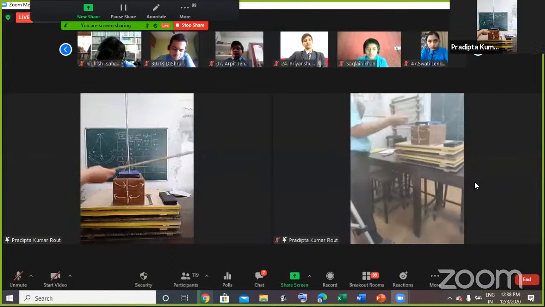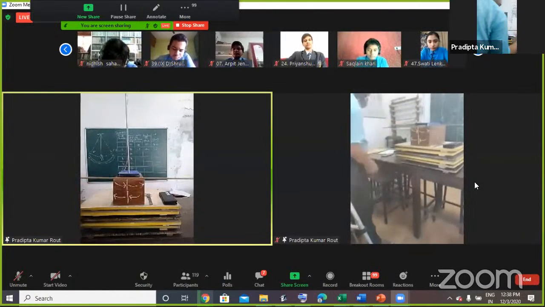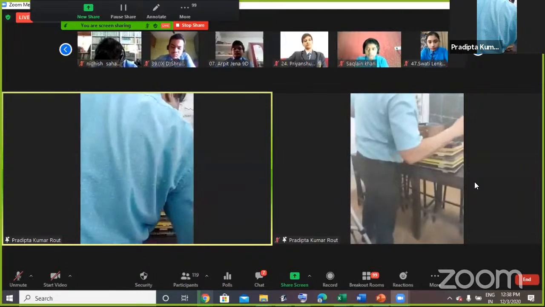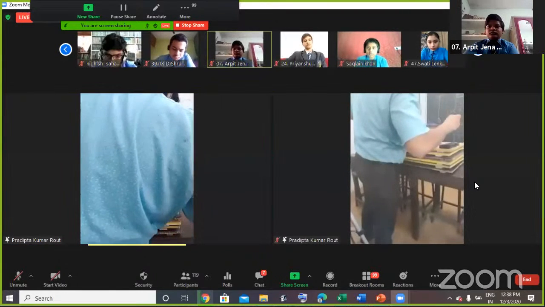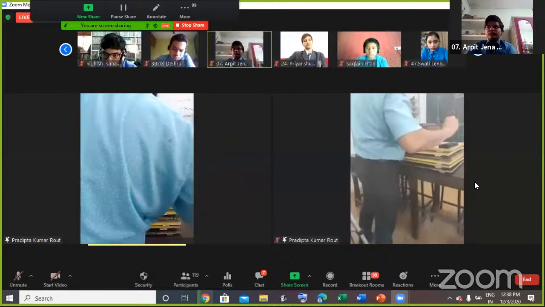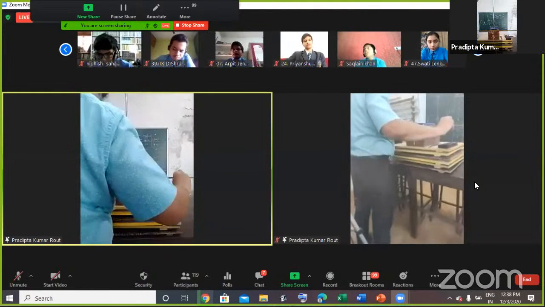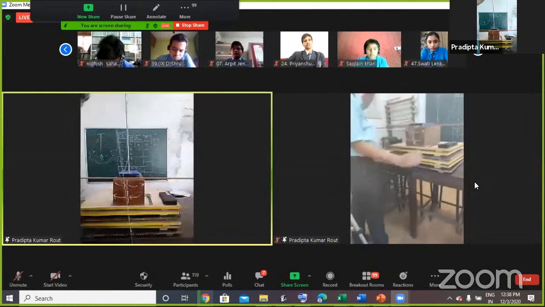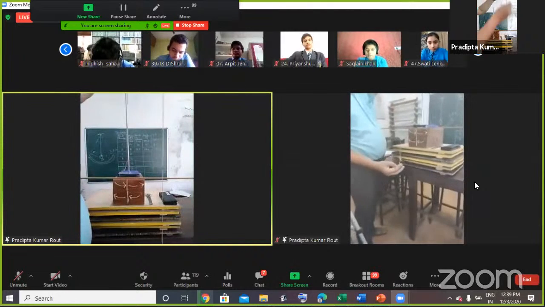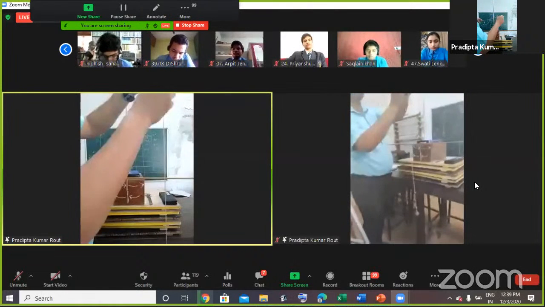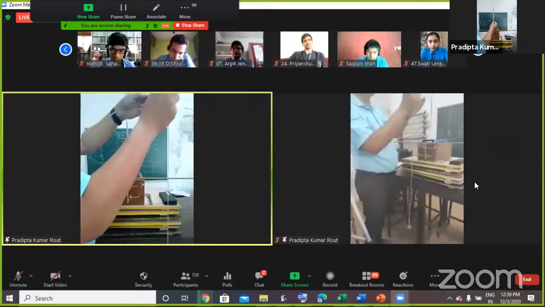So this is the scale. 78 is here. Now this is 78 centimeter long thread. This is 78 plus 2 centimeters. So total comes out to be 80 centimeter. So let me fix it here.